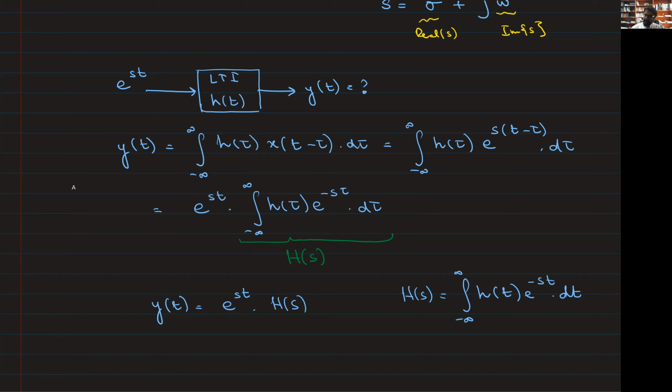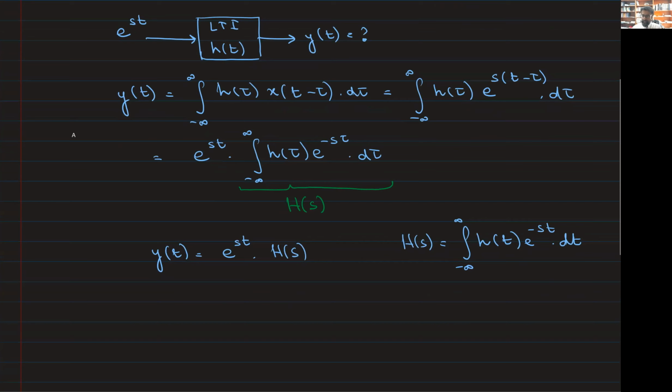Don't worry about the fact that I've just replaced tau with t. Tau is just a variable, so I replaced it with t. By the way, what is H of s? Basically it's a Laplace transform. Even though we're not explicitly talking about what the Laplace transform is right now, we just say this is some number which turns out to be a function of s. The definition is you multiply the impulse response by e to the minus st, and you then integrate from minus infinity to infinity. What you're going to get is something which is a function of s.